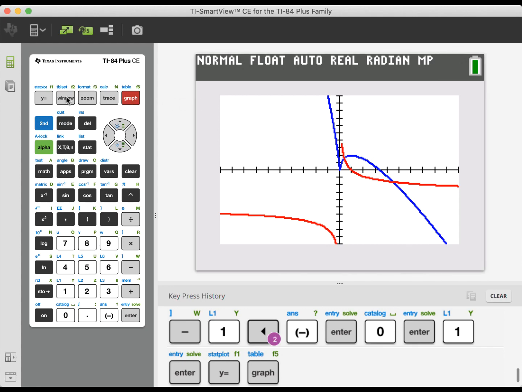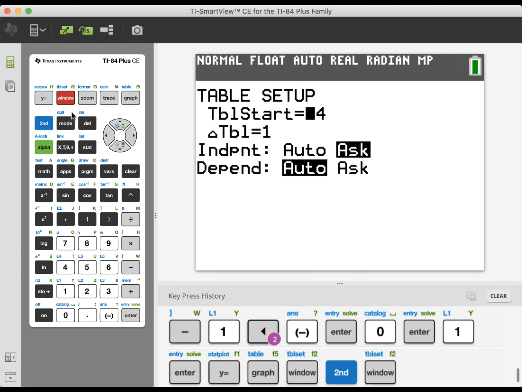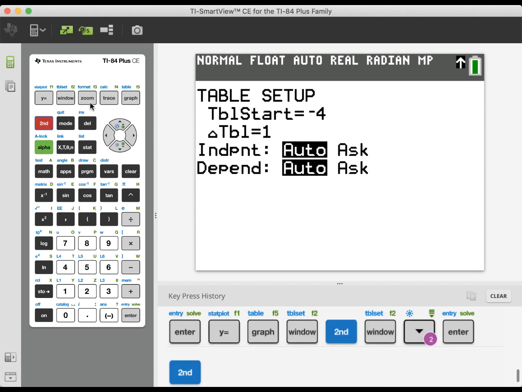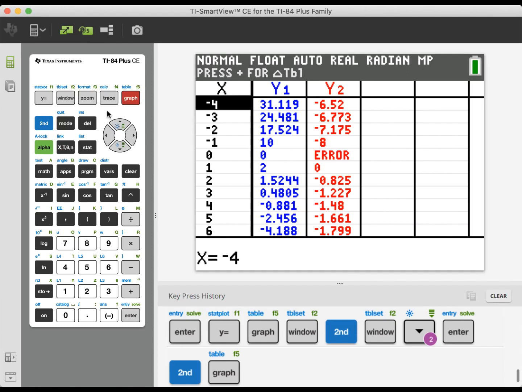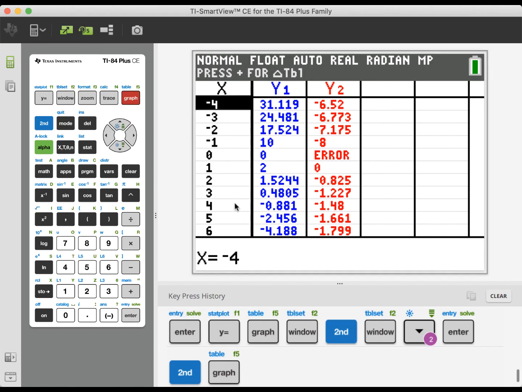As for the table, let me go to table set here, and let me change this to auto. And then on the table, here's what you would normally see if you are going by ones on the x-axis. So I looked on here and I saw f of -1. Well, here's -1. The red is the derivative, so f prime of -1 is -8. And then f prime of 2 was -0.825.